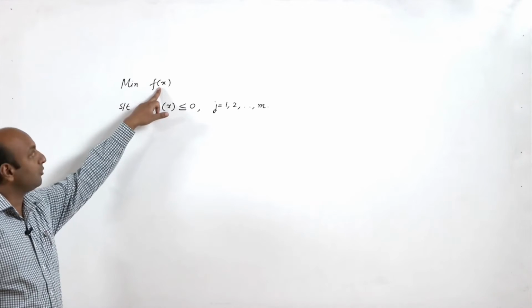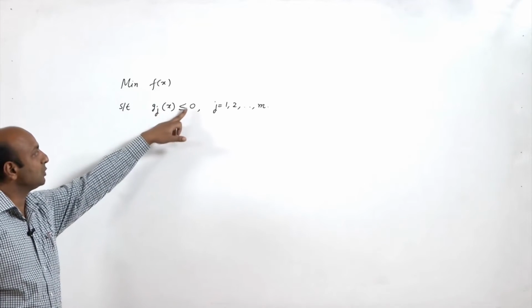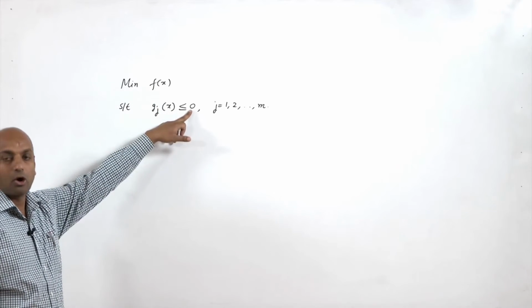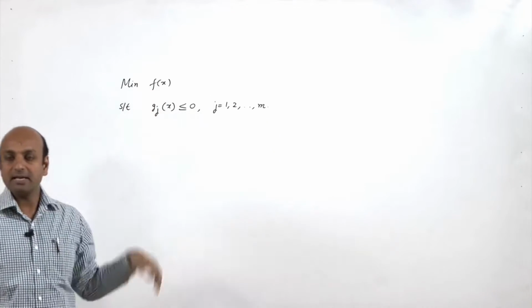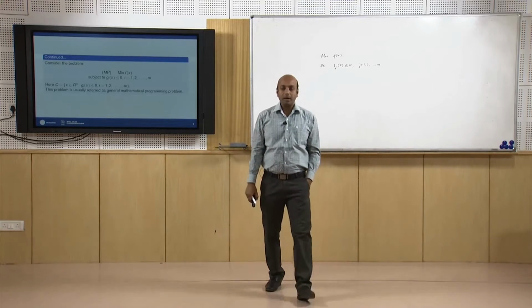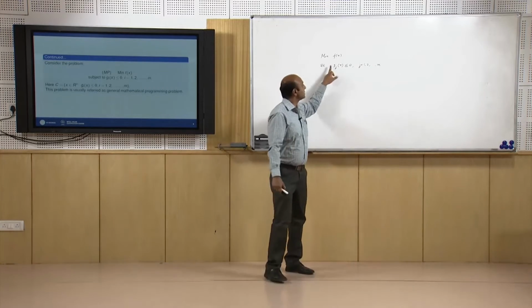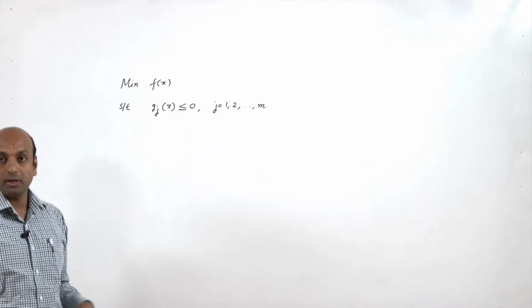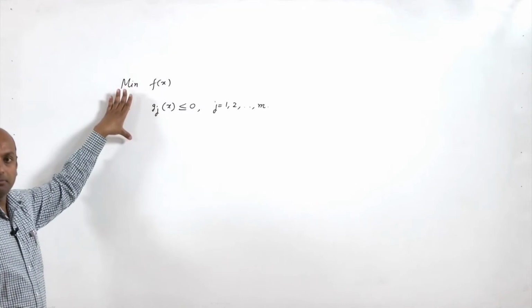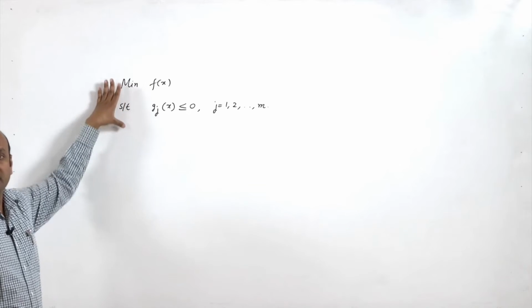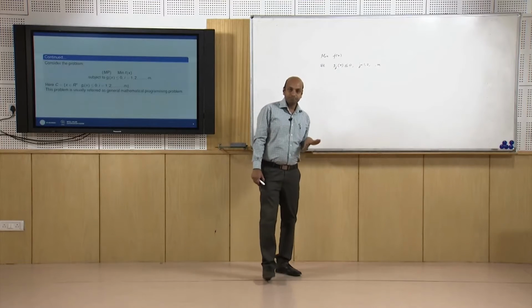And what are the constraints? g_j(x) less than or equal to 0 are the constraints. How many constraints? m constraints. So, here we have to minimize this function f subject to m constraints, which are g_j(x) less than or equal to 0.